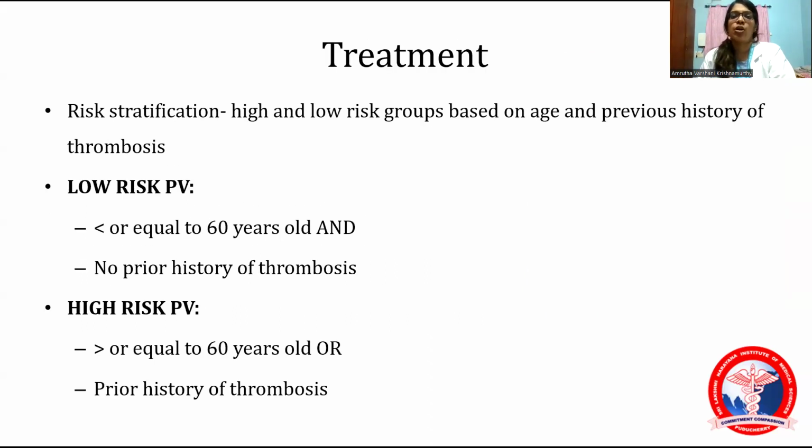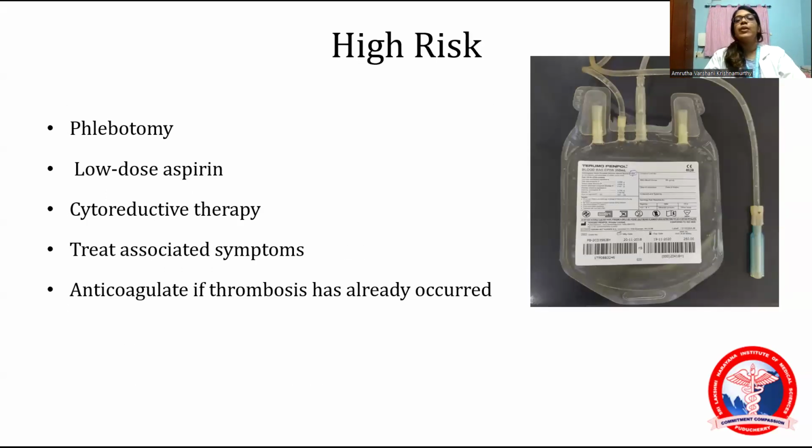So once we talk about treatment, we have divided it into low risk and high risk. The difference between them is only cytoreductive therapy and anticoagulation, because both low risk and high risk will require phlebotomy, and both will require low dose aspirin.